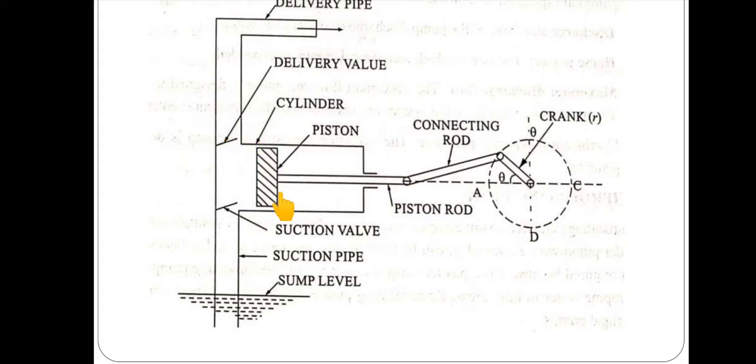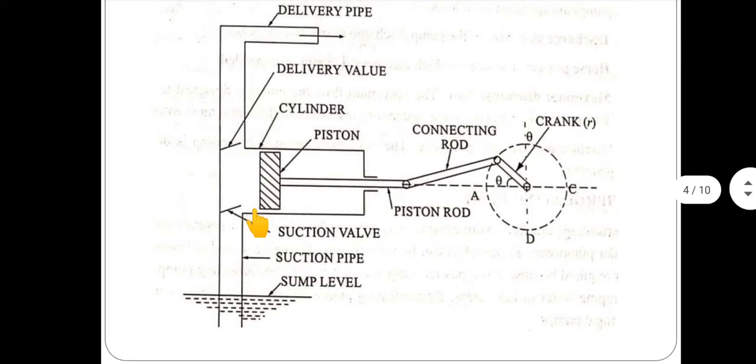Next, coming to the working principle. Initially the piston is at the left hand position of the cylinder, so the pressure inside the cylinder is atmospheric. What happens when we switch on the motor?